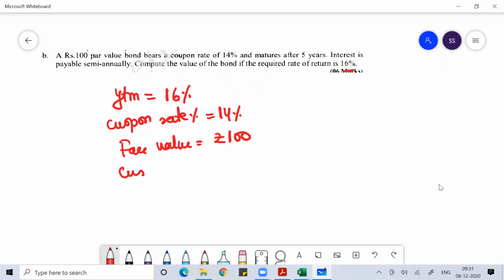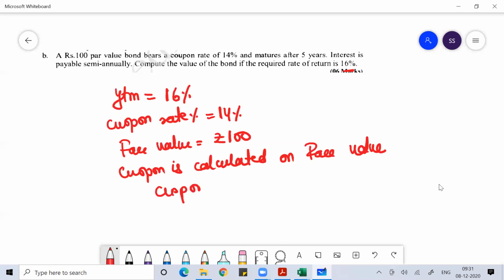Because we know that, the value of your coupon is equal to 14% of 100, so that would be equal to 14 rupees. This is the value of your coupon.